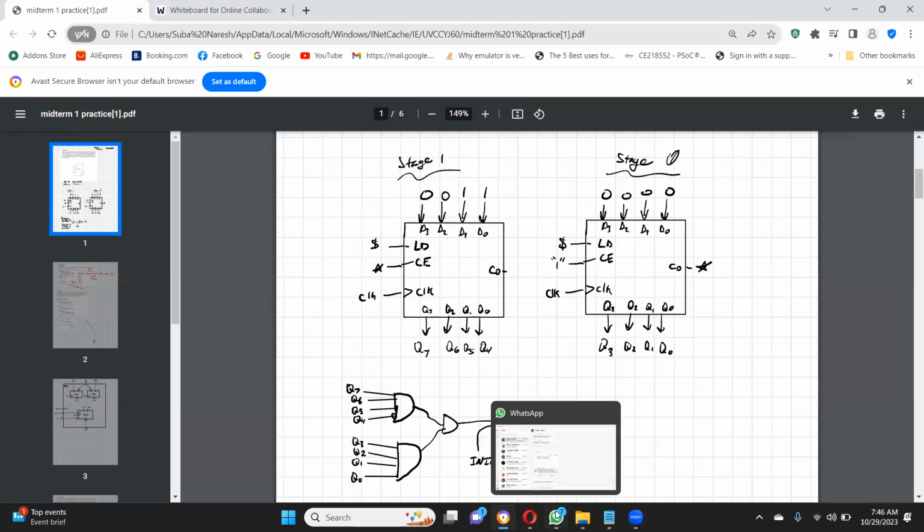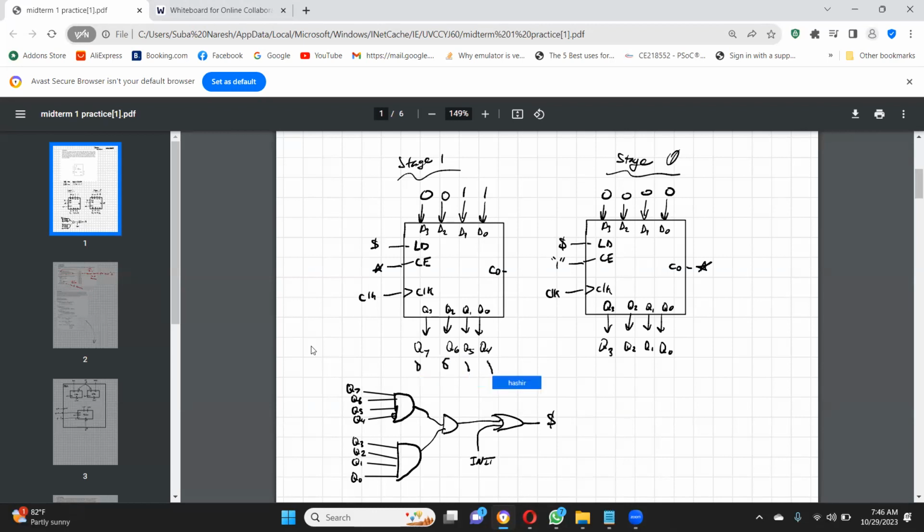Okay, and then my question is, when the output here comes out as 0, 0, 1, 1, 0, 0, 0, 0 and now it starts counting, this becomes 0, right?